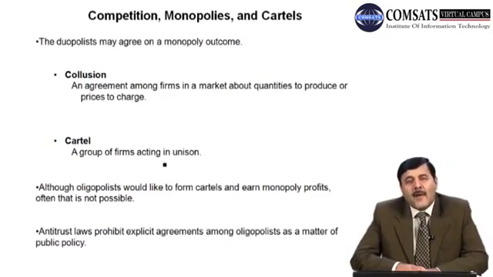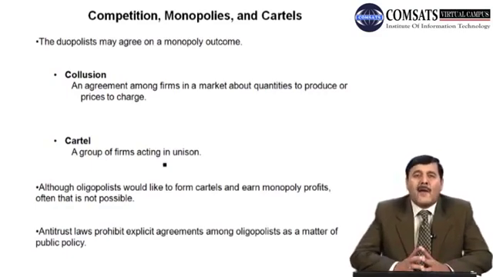Second, they can form cartels, a group of firms acting like a monopoly, right? They can form a group, charge the same price and supply the same quantity in the market.